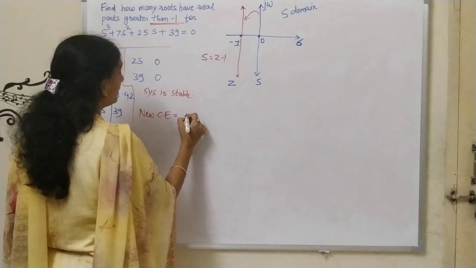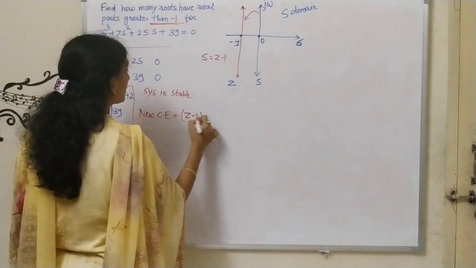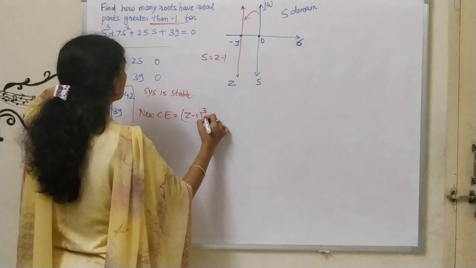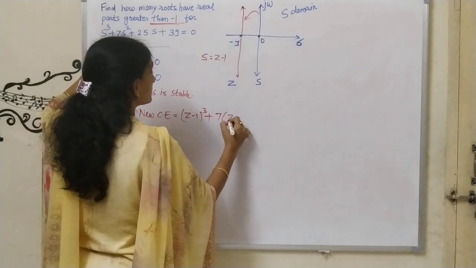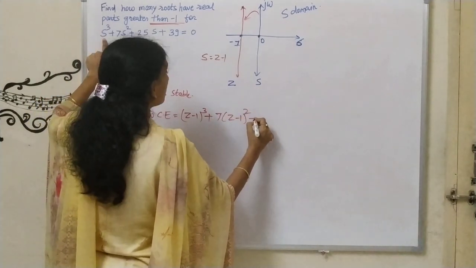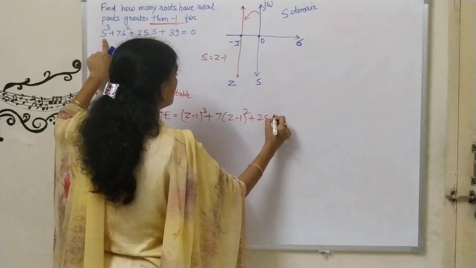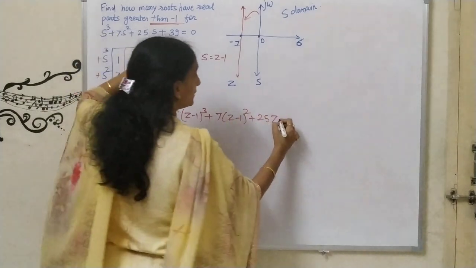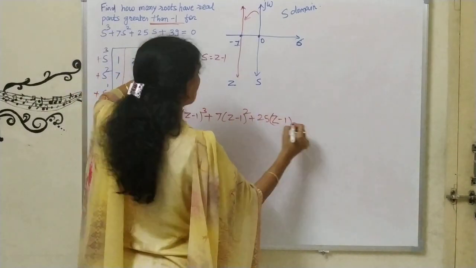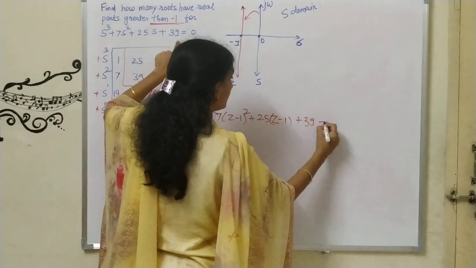So I am writing here Z -1. Look at this. I am substituting (Z -1) cube plus 7 (Z -1) square plus 25 (Z -1) plus 39 is equal to 0.